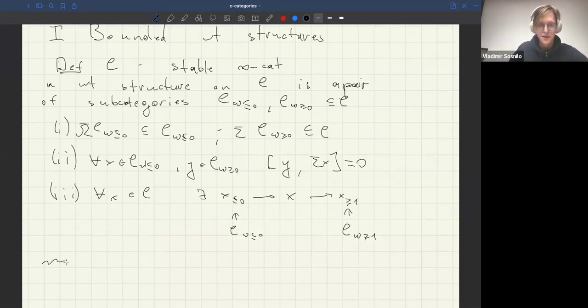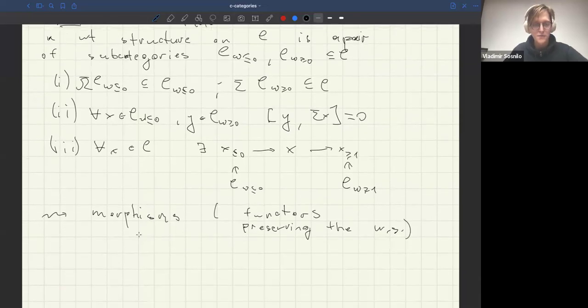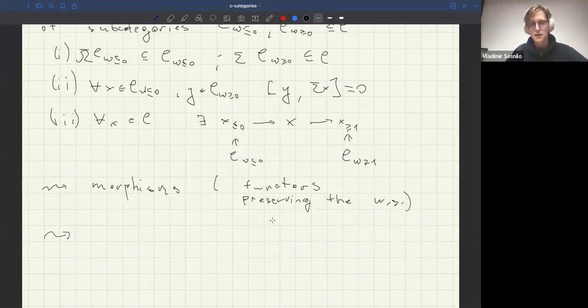You can make sense of morphisms. By this, I mean functors of weighted categories that preserve the weight structure. You can also make sense of some reasonable conditions like boundedness, which you commonly encounter in the very superficially similar theory of t-structures.